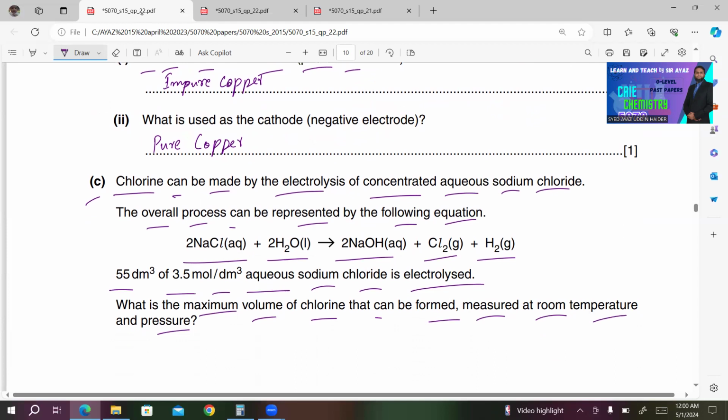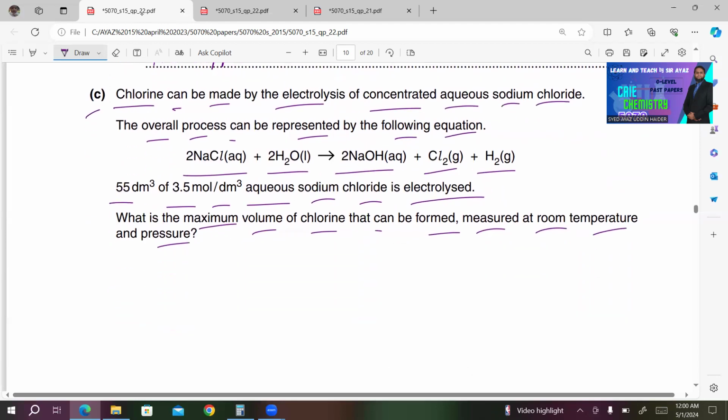Now we have the information of sodium chloride. They are asking us to calculate the volume of chlorine. So we must have the moles of chlorine. In order to get the moles of chlorine, we must have the moles of sodium chloride. Information is given, that is 55 dm3, 3.5 mol per dm3.